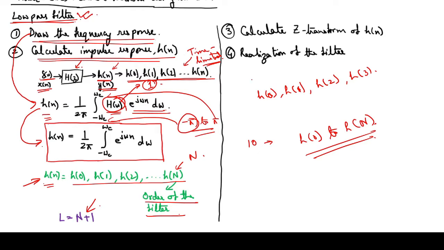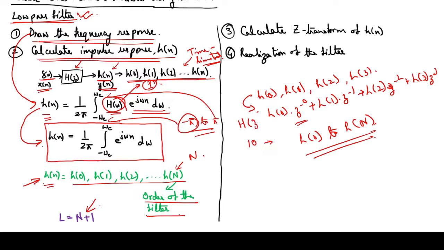Transforming it into the z transform, it would be h0 into z to the power minus 0 plus h1 into z to the power minus 1 plus h2 into z to the power minus 2 plus h3 z to the power minus 3. So what is this? When this z component comes, it becomes H(z).